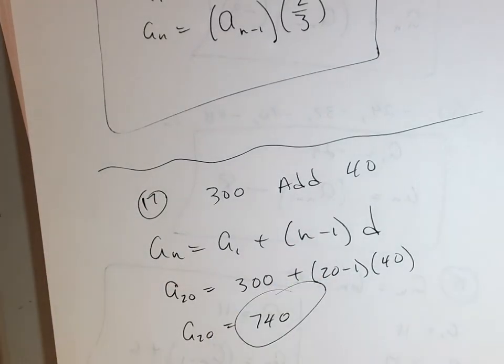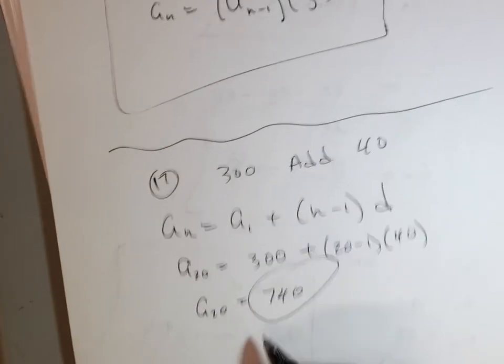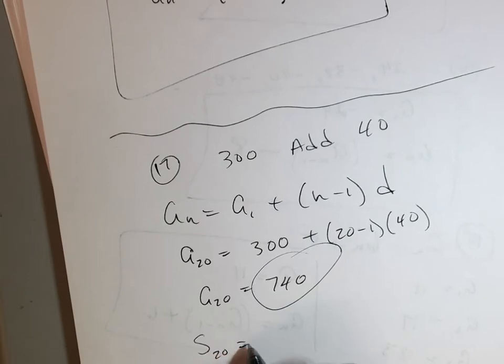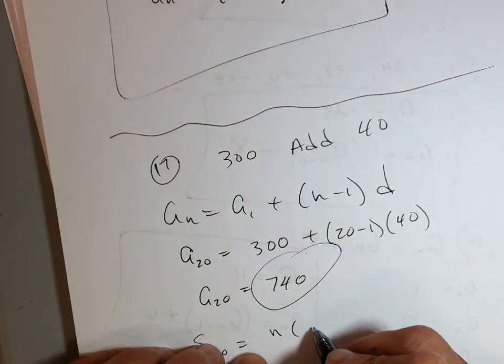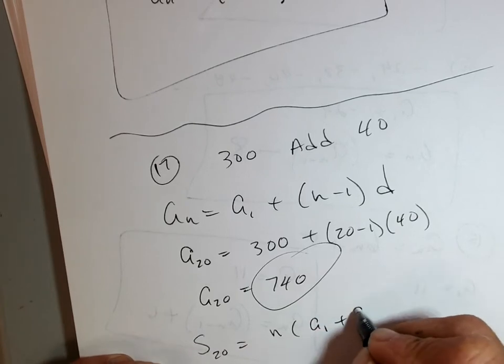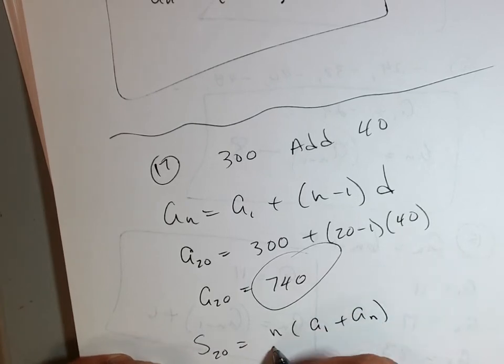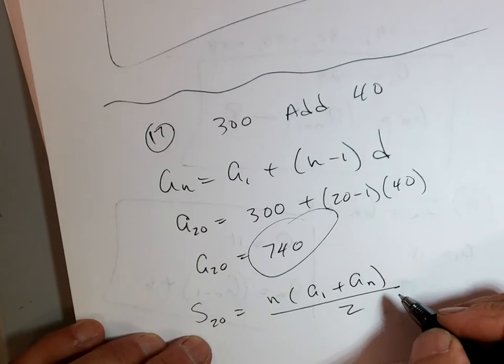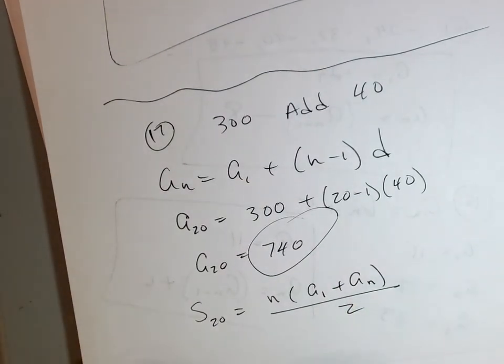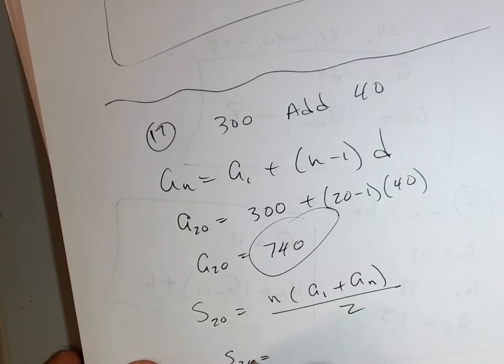How much total? Well, that's a sum. So I'm going to have 300 plus 340 plus 380 plus, and so on. So I'm going to use my S of 20. I'm going to use my n times my A1 plus my An divided by 2. There's 20 terms, so S of 20 equals 20.